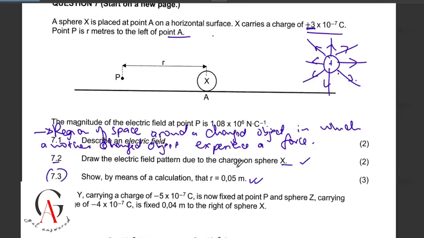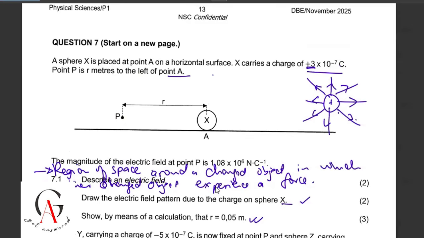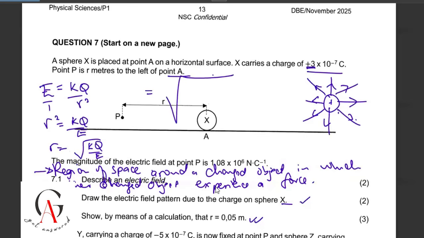So we're going to use the electric field whereby E is equal to KQ over R squared. We're looking for R, cross multiply, meaning that R squared is gonna be KQ over E. Then R is going to be the square root of KQ over E. So let's do the substitution and see. So square root of K, which is 9 times 10 to the 9.